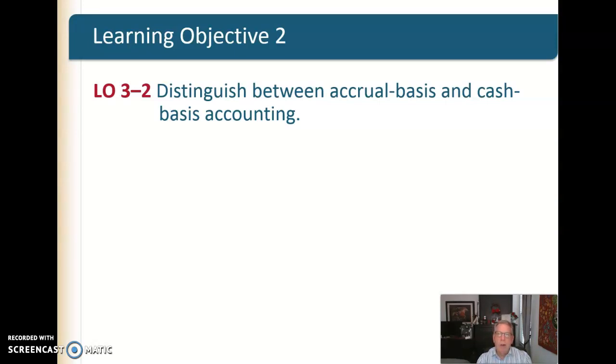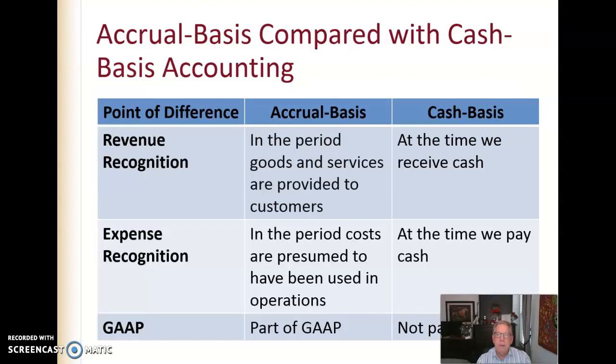Okay, let's look at the difference between accrual-based accounting and cash-basis accounting. This whole course deals with accrual-basis accounting, I will tell you honestly. Cash-basis accounting is not acceptable under generally accepted accounting principles, or GAAP, as we call it.